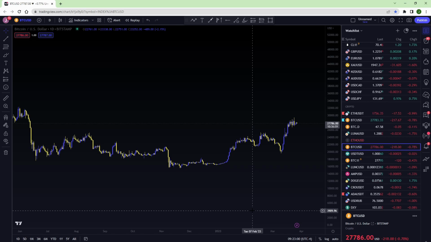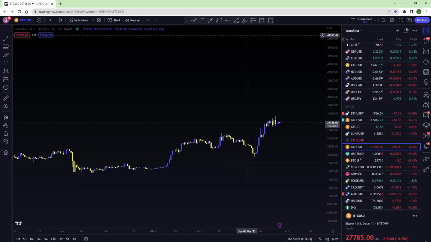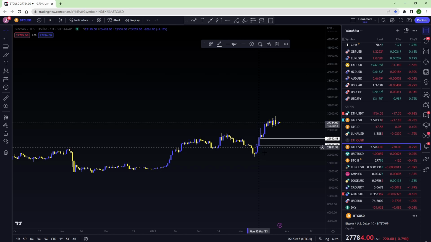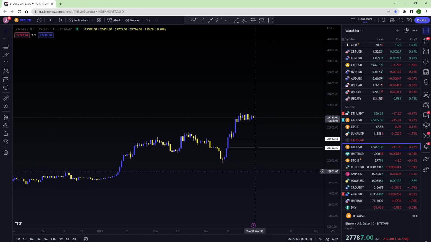Now, there are a lot of different ways we look at the charts to find liquidity. One of the most common would be your FVG. For example, we have an FVG right here. In this box right here, that is a fair value gap. If you don't know what a fair value gap is, check the link in the description below.